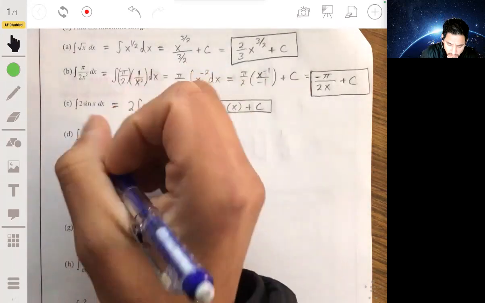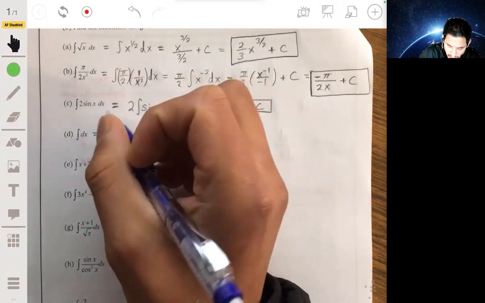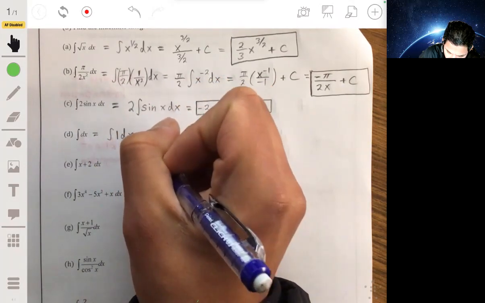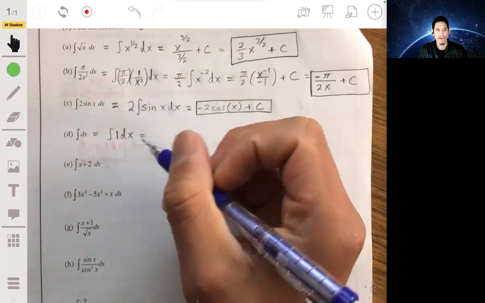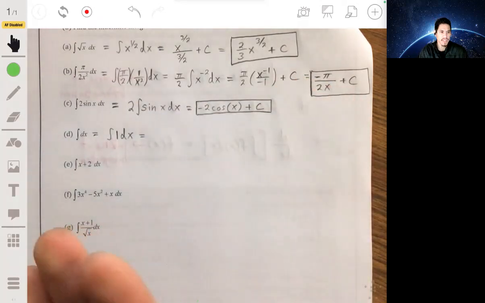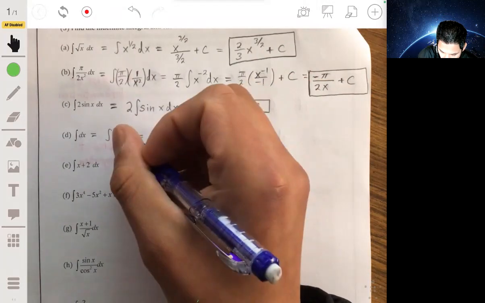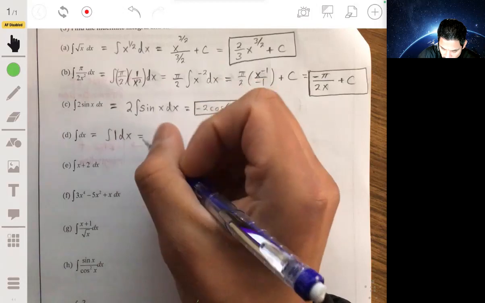All right, d. I know this one looks a little weird. We just have the integral of dx. But think of this as just the integral of 1 dx. So think about what function has a derivative of 1. And that's just going to be x. Remember, we don't usually write the number 1, but writing it out lets you see what's going on.